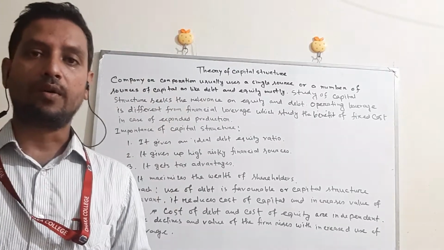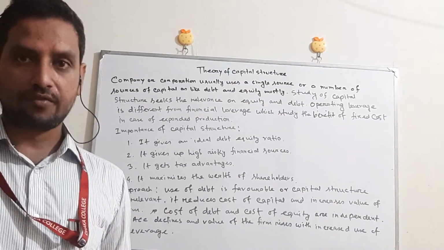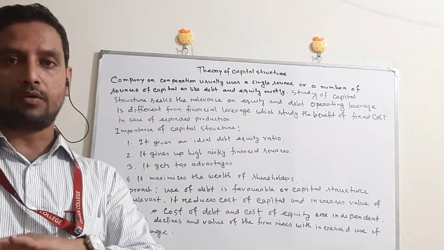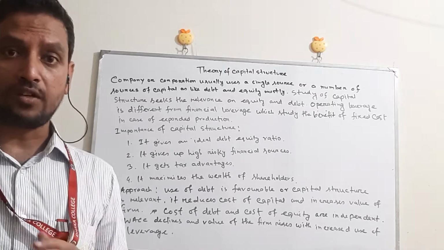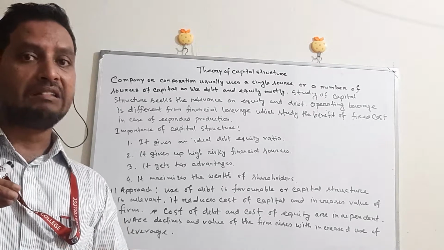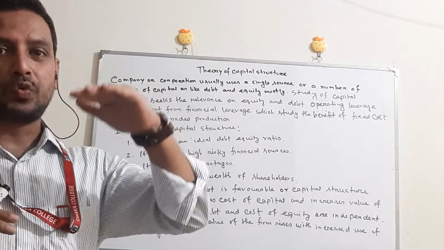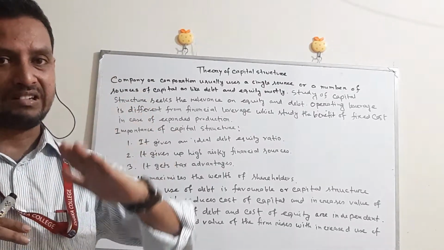I mean, say the leverage is 10 lakh and the weighted average is, suppose, 10%. Then when we increase the leverage from 10 to 12 lakh or 15 lakh, the weighted average cost of capital decreases.